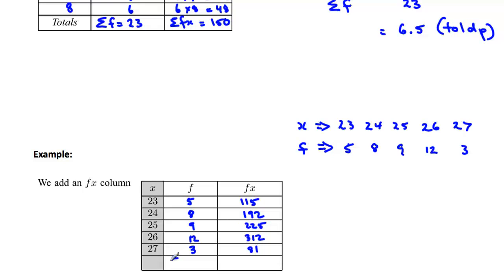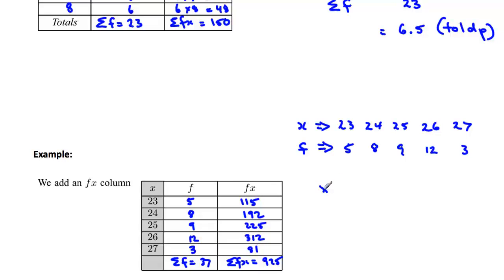So our sum of the frequencies is 37. Our sum of the FX column is 925. That means if we added 5 of these and 8 of those and so on, it would come to 925. What it means, we would have had to have entered 37 pieces of data.